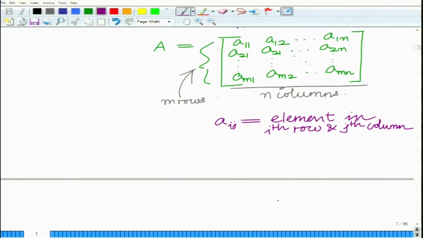This is the element in the ith row and the jth column.